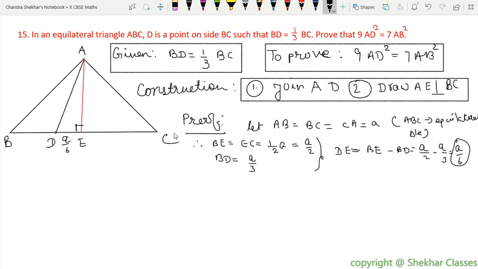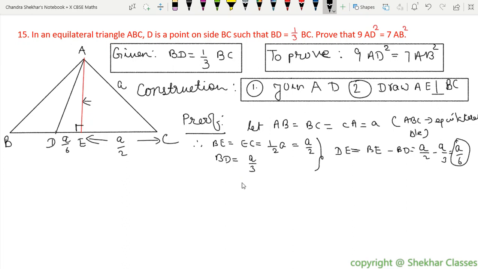And remember, when we calculate the perpendicular, this part is going to be half, that is A upon 2, and this is A. So can we not calculate this part?